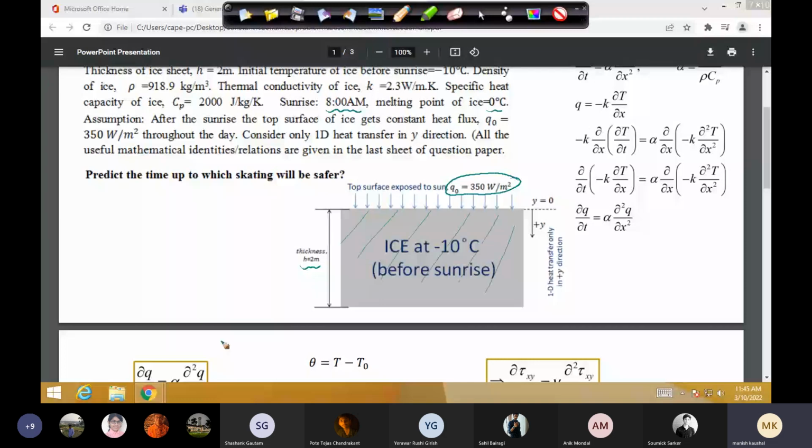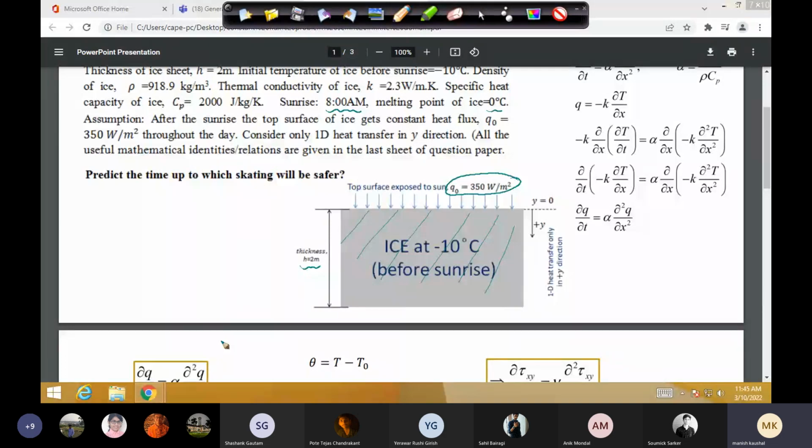As soon as the sun rises at 8 a.m., heat will start falling at a constant flux rate on the top surface, and hence the temperature of the whole ice block will start increasing. Can you guess which layer will be at the highest temperature with time? If I draw a temperature profile from top to bottom, at which location will the temperature always be higher with respect to the other locations?